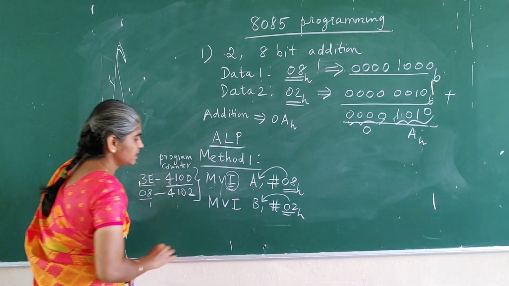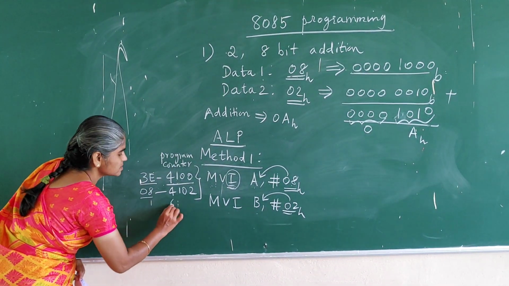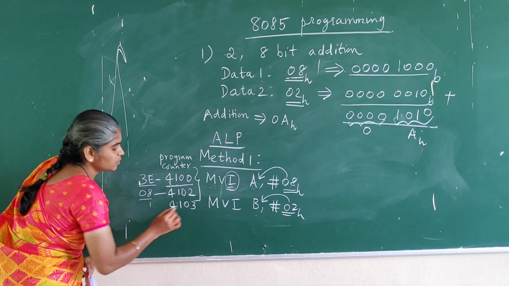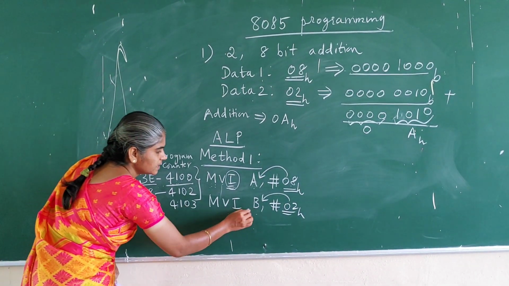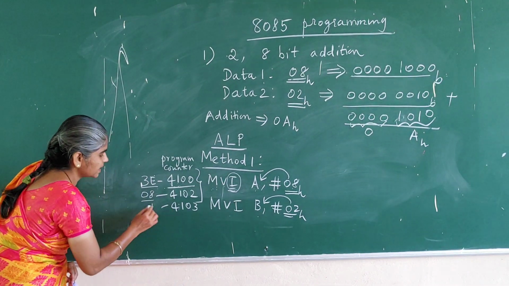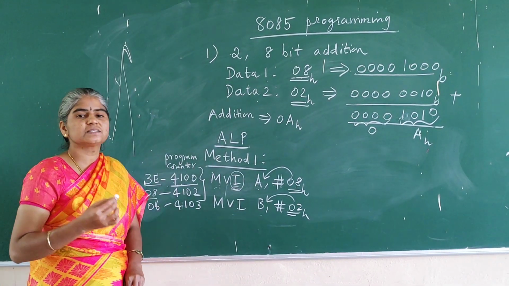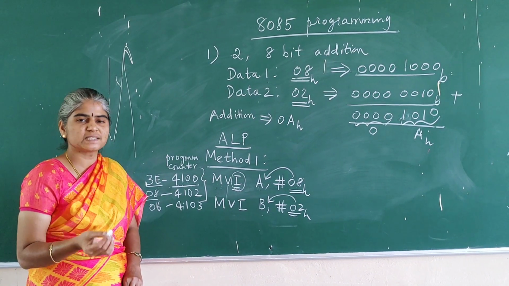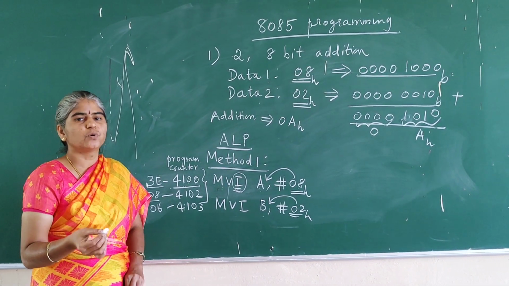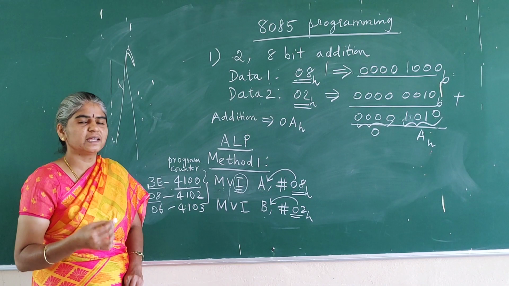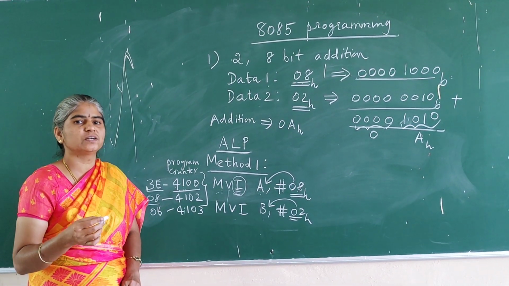These corresponding values can be stored in the consecutive address 4103. For this mnemonic, for example 06, I just take 06, because each and every mnemonic has a separate opcode which is already framed by Intel Corporation.